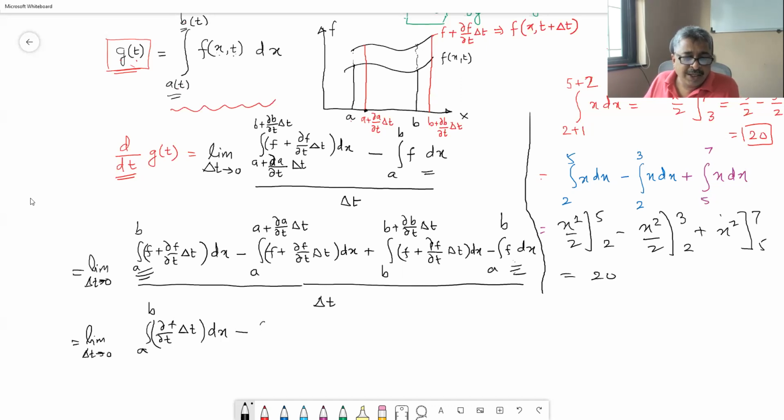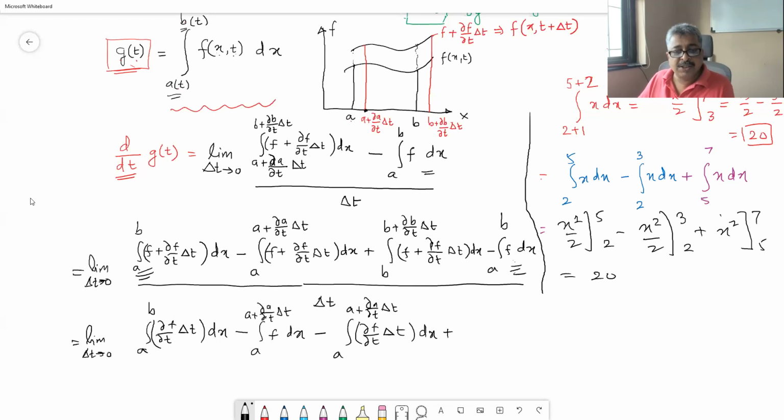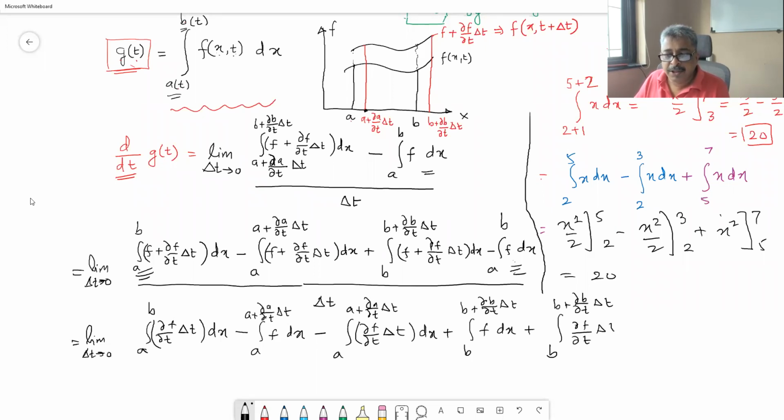second term will have two terms in that: integral a to a plus del a by del t into delta t f dx minus integral a to a plus del a by del t delta t del f by del t into delta t dx, plus same thing here, integral b to b plus del b by del t delta t f dx plus integral b to b plus del b by del t delta t del f by del t delta t times dx, whole divided by delta t.